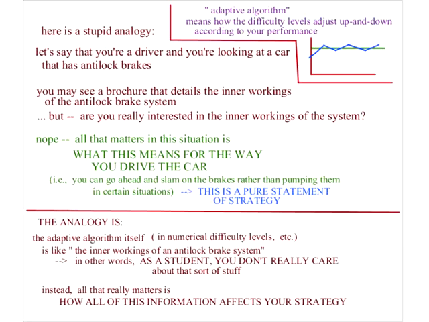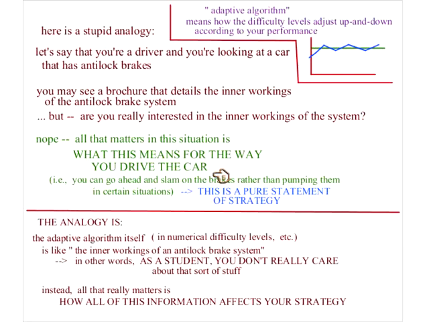It's just like the anti-lock brake system. It's a kind of weird, silly analogy, but it's also a good analogy. I can tell you everything you would ever want to know about anti-lock brakes, but as a driver, it doesn't matter. All that matters is when I tell you actual things that you can do when you drive the car, like slam on the brakes. Same thing, I could tell you about the adaptive algorithm for hours if you really wanted me to, but there's no reason to.